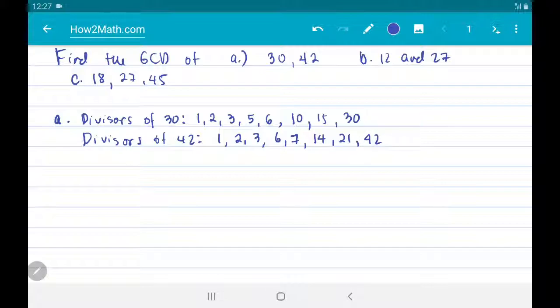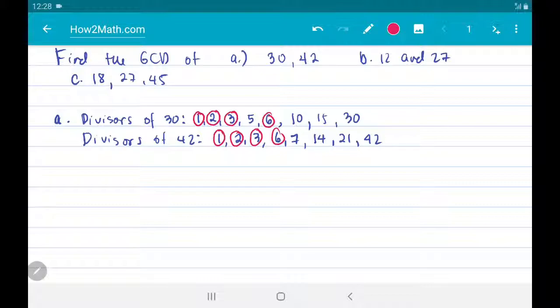Okay, so what's the greatest among the common divisors? So first, what are the common divisors? So we have a 1 here and a 1 here. We also have a 2 here and a 2 here. We have a 3. We have a 6. What else? No more.